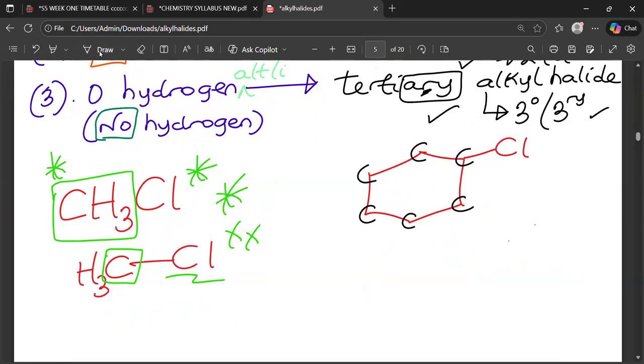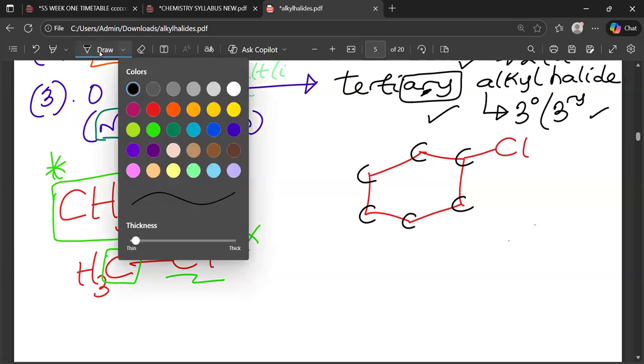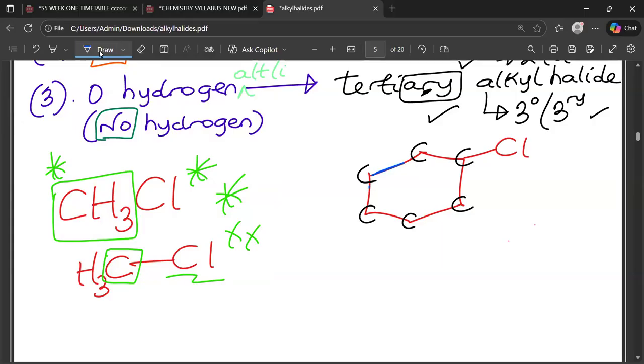In that ring, each carbon has 2 bonds. What do I mean? One carbon is having 1 bond, 2 bonds. Even this one is having 1 bond and 2 bonds, because they are in a ring.